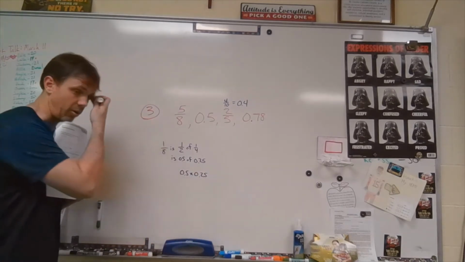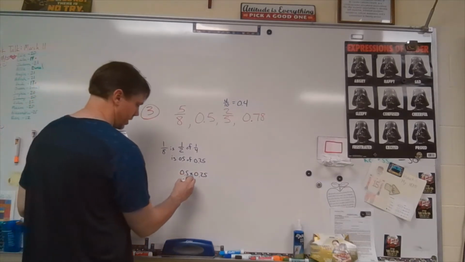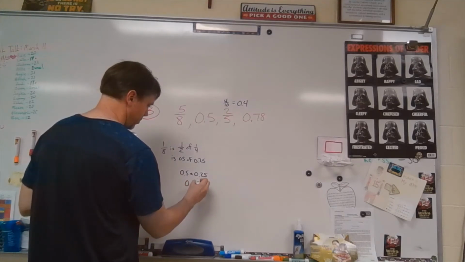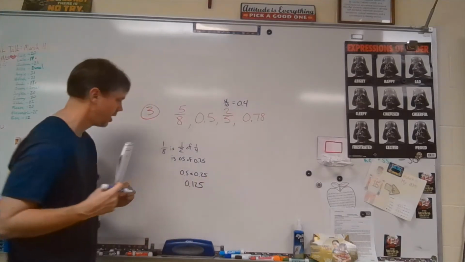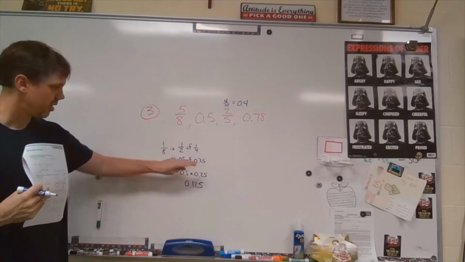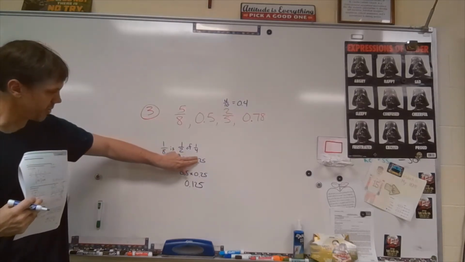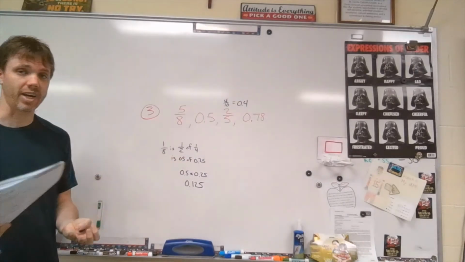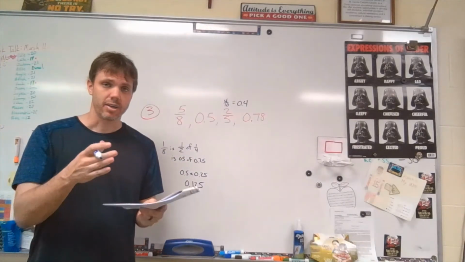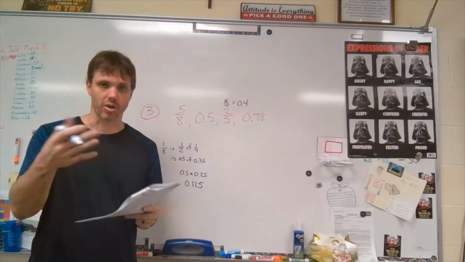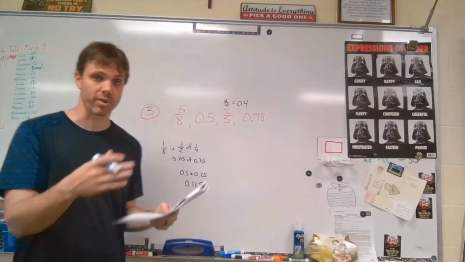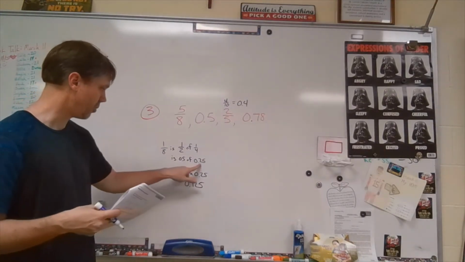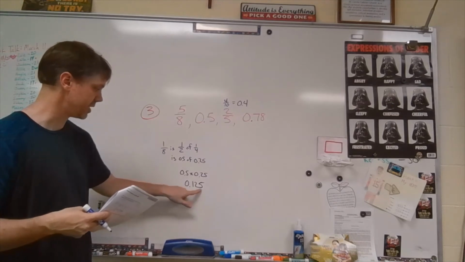Now, if you work this out, you're going to get 0.125. If we just ignore the 0 point, we have 25. If you cut 25 in half, you're not going to have a whole perfect number. It's going to go into the decimals, right? It's going to be 12.5.